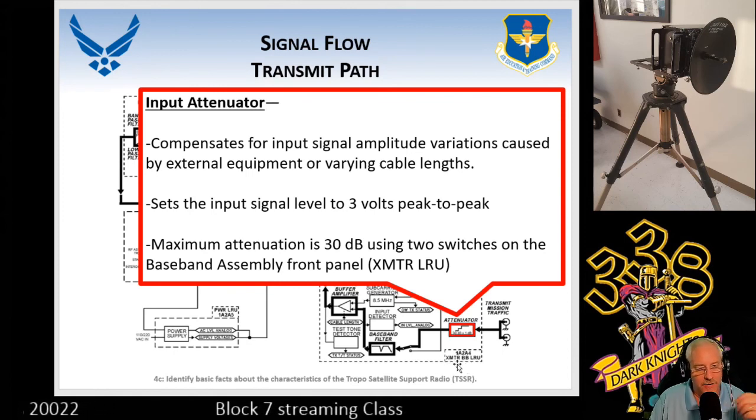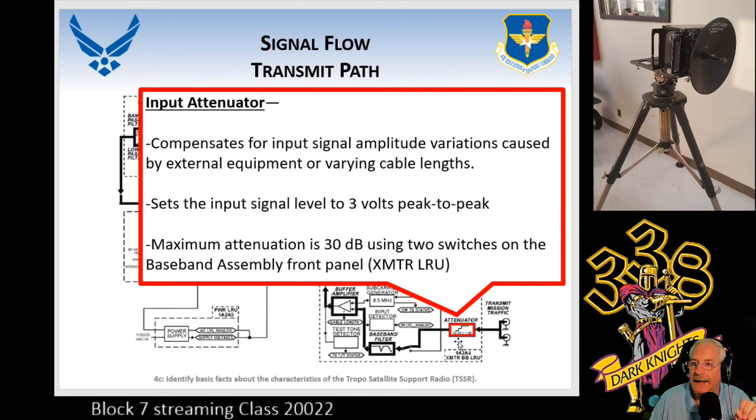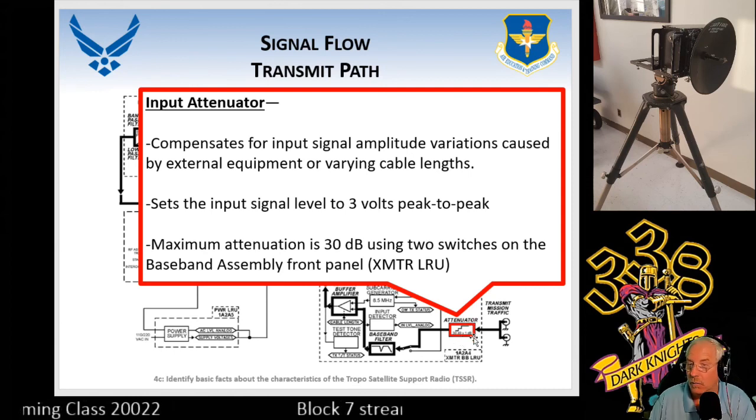It'll say XMTR on the bottom part of what I showed you earlier today. This attenuator is a little knob. It has 30 dB of attenuation on it. It has, actually it's two knobs. One is from 0 to 20. The other one is from 0 to 10 to give you a grand total of 30 dB of attenuation.